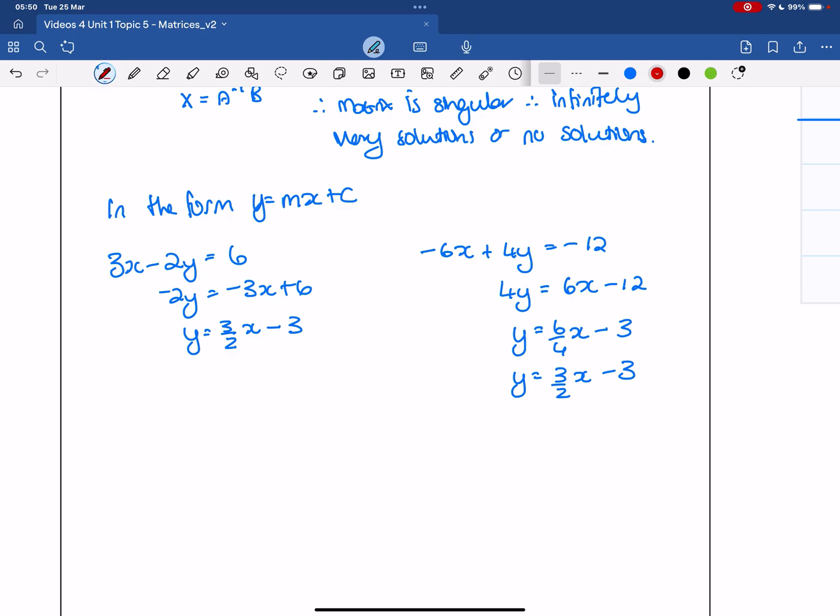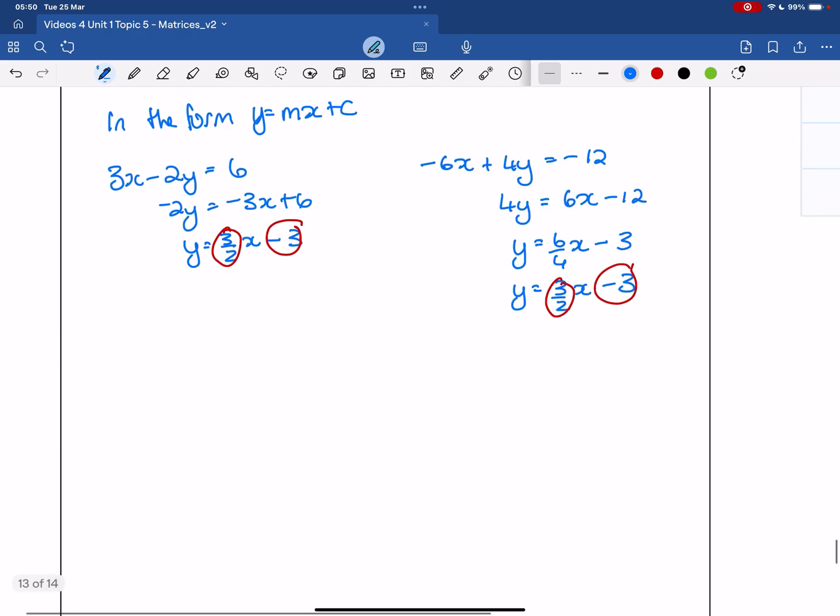Now notice my gradients are the same and my y-intercepts are the same. So these are the same line essentially. They are two lines which coincide with each other.